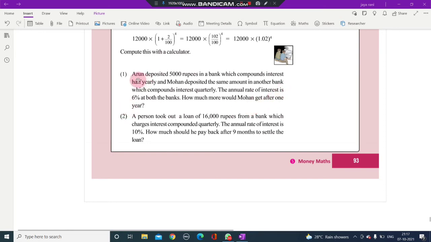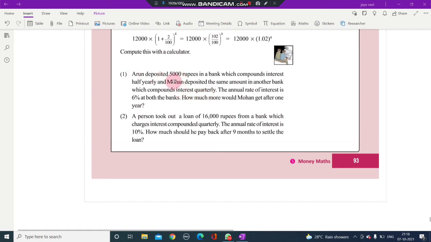Here Arun and Mohan are both depositing the very same amount, 5,000 rupees, in a bank, and both banks give 6% interest. Then what is the difference between them?